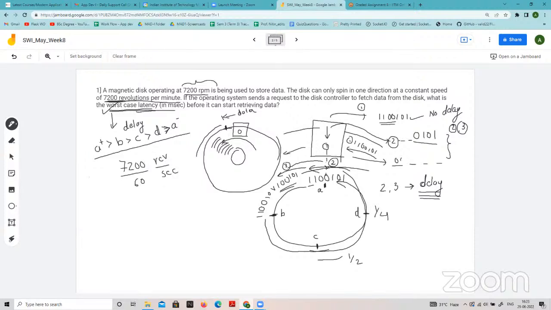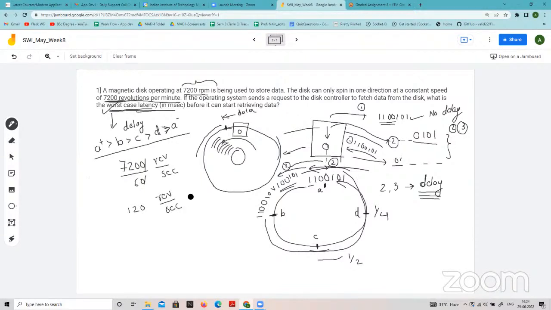If I solve this, I will get 120 revolutions per second, right?